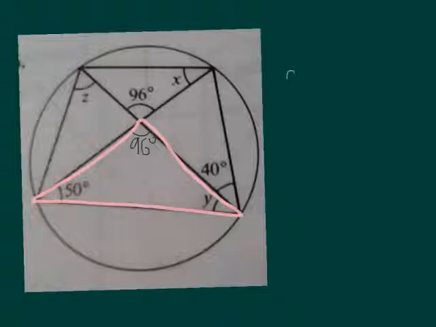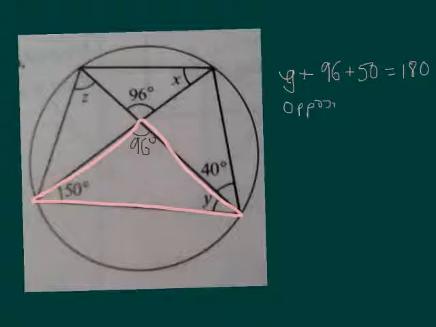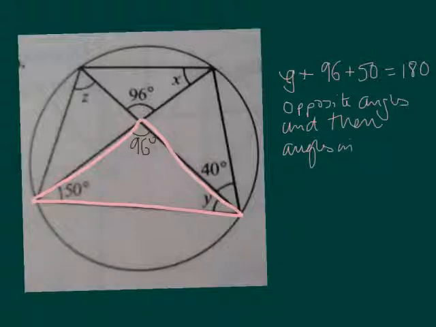So y plus 96 plus 50 has got to equal 180. The reason for that is opposite angles, and then angles in a triangle sum to 180 degrees.